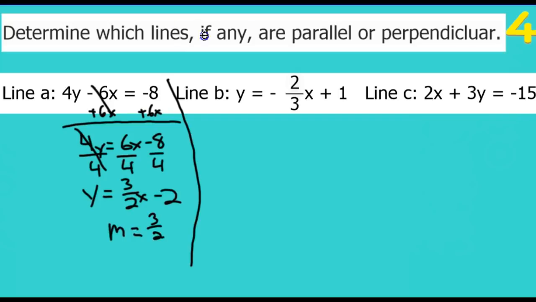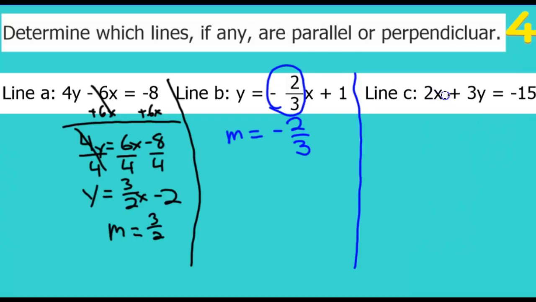The second one is in slope-intercept form. So our slope here is -2 over 3. And finally, our last one, we need to get into slope-intercept form, so I'm going to subtract 2x.